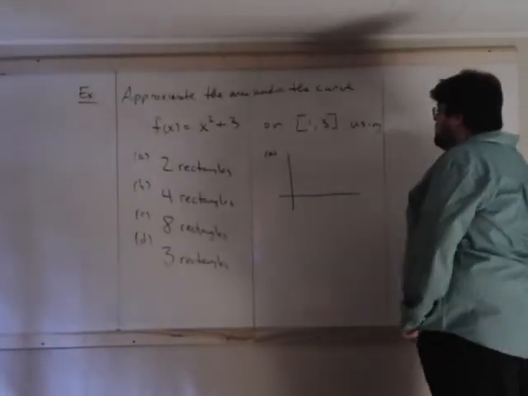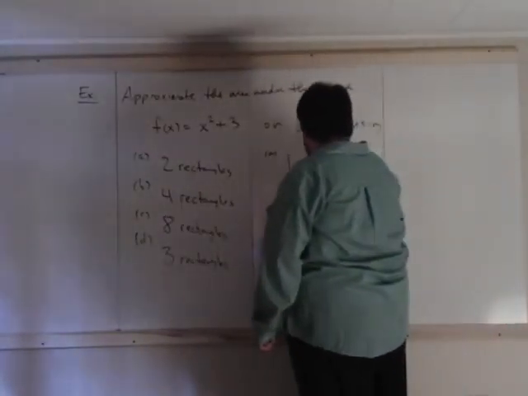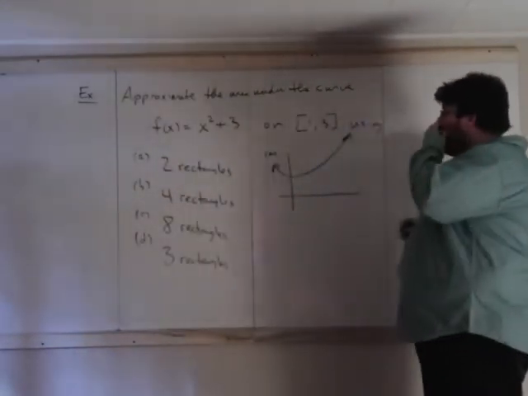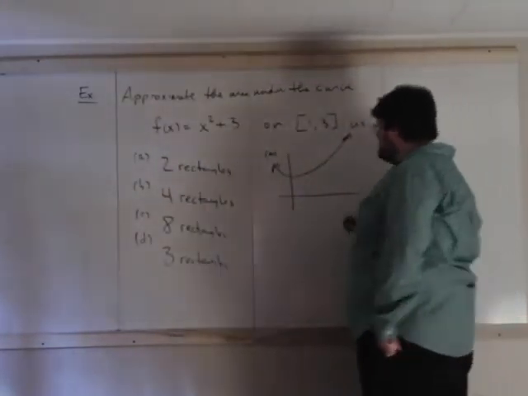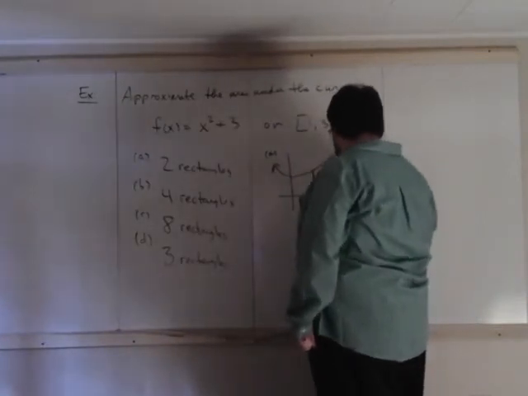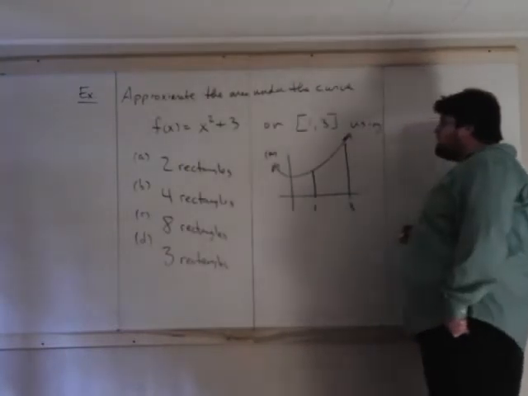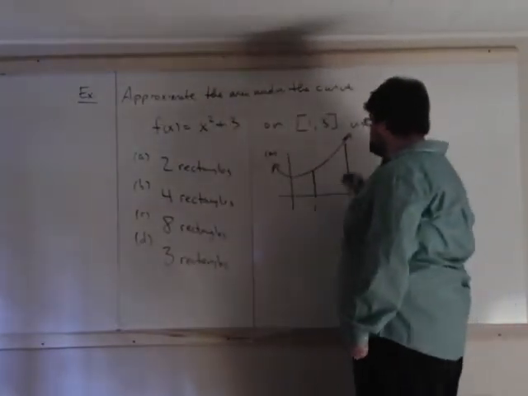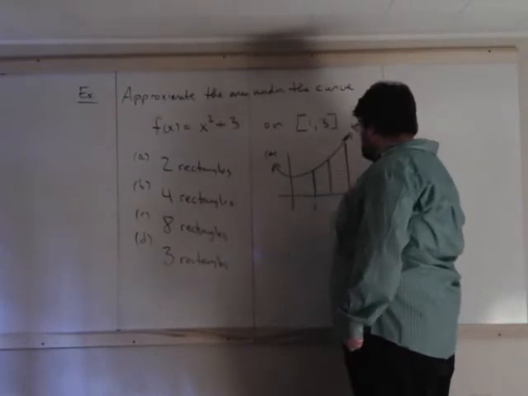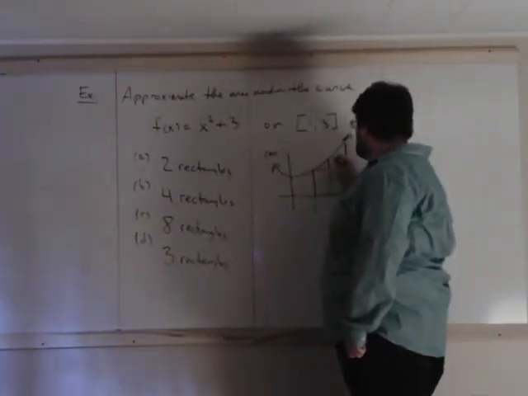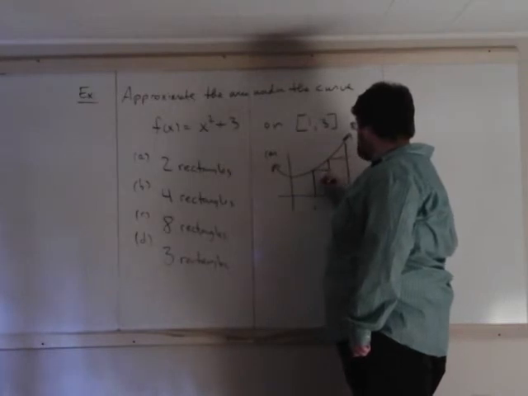So let's first look at this function. This function looks like this. We're looking at the interval 1 to 3. There's 1. There's 3. We want this area. For part A, we want to divide it into 2 rectangles. So let's do that. There's 1 rectangle. There's the other rectangle.